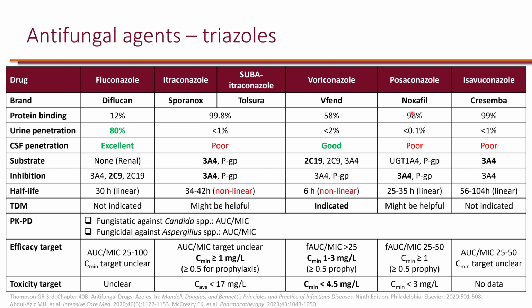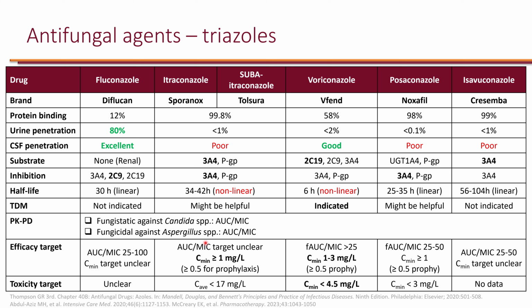So again, the delayed release tablet has excellent bioavailability. And last but not least, isavuconazole has excellent bioavailability as an oral formulation, and therefore therapeutic drug monitoring is not indicated, and of course a target trough has not been established. Also, it is very well tolerated, so a toxicity target has not been established for isavuconazole.